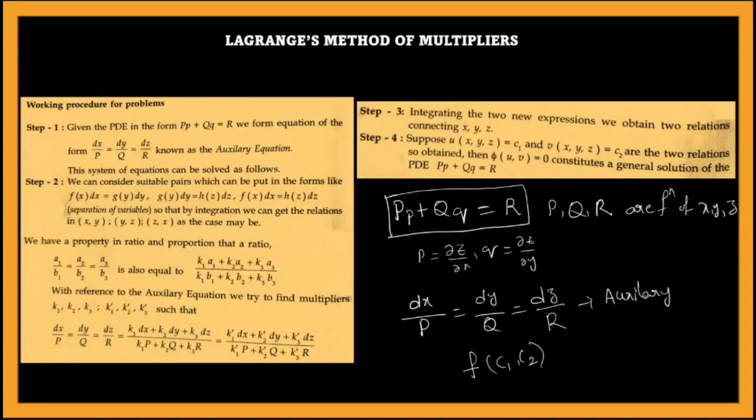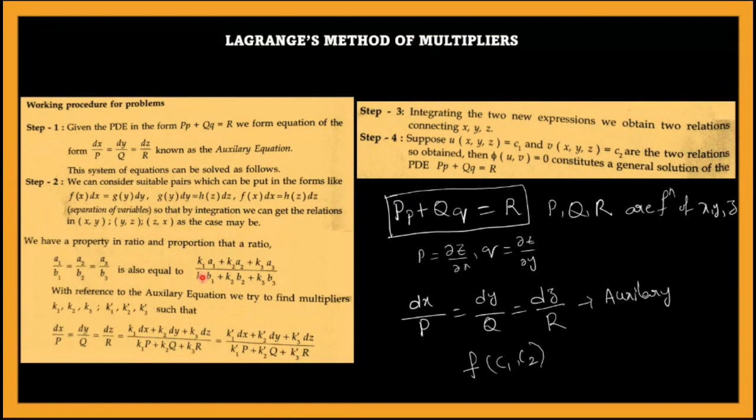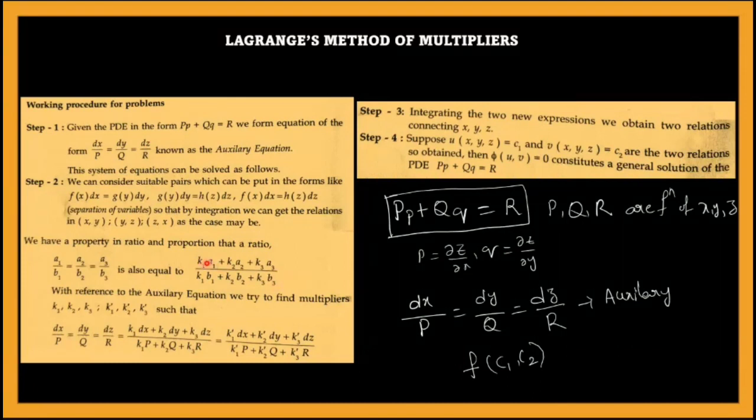Okay, if you see here, ratio and proportions, whenever you have three ratios a1 by b1, a2 by b2, a3 by b3, this can also be written as (k1 a1 plus k2 a2 plus k3 a3) divided by (k1 b1 plus k2 b2 plus k3 b3). So what are these k1, k2, k3?